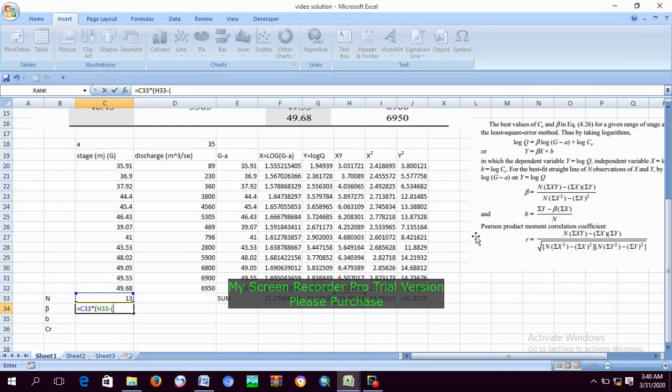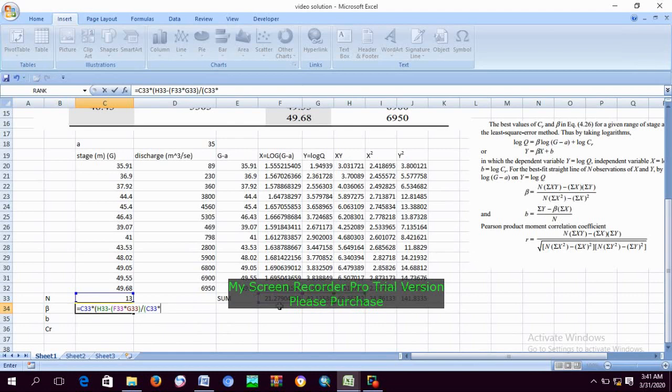So open bracket, okay, summation of x is this value times, and summation of y is this value, okay, over the bracket n times, n is 13, times, okay, and the summation of x square. There is x square and there is their summation.